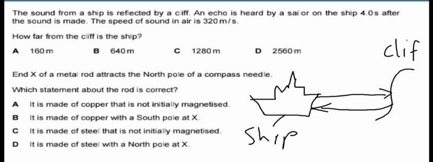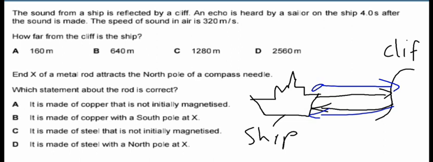Meaning, for us to know the distance from the cliff up to the ship, we need also to consider the distance of the sound traveling from the ship up to the cliff, then also from the cliff up to the ship.